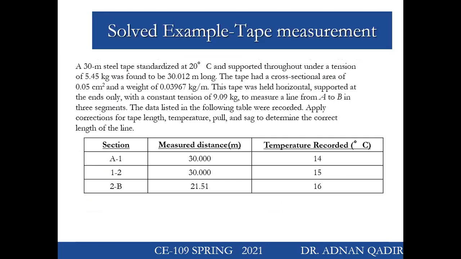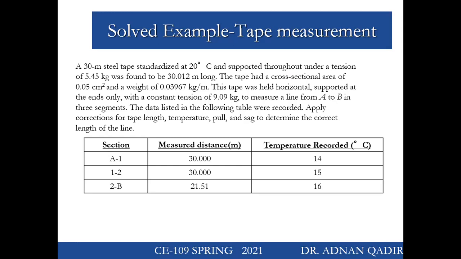So this is the problem. A 30-meter steel tape standardized at 20 degrees centigrade and supported throughout under tension of 5.45 kg was found to be 30.012 meter long. The 30 meter is the nominal length, and 30.012 is what you measured. So that LM we were discussing is the nominal length of the tape that is supposed to be there.